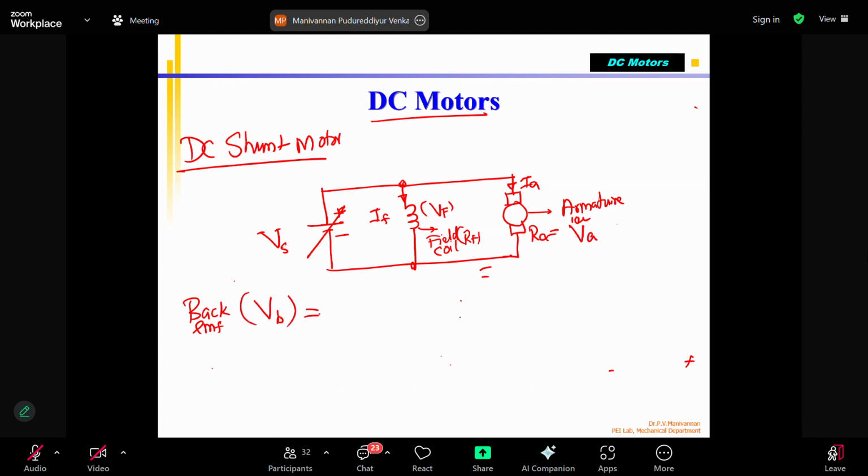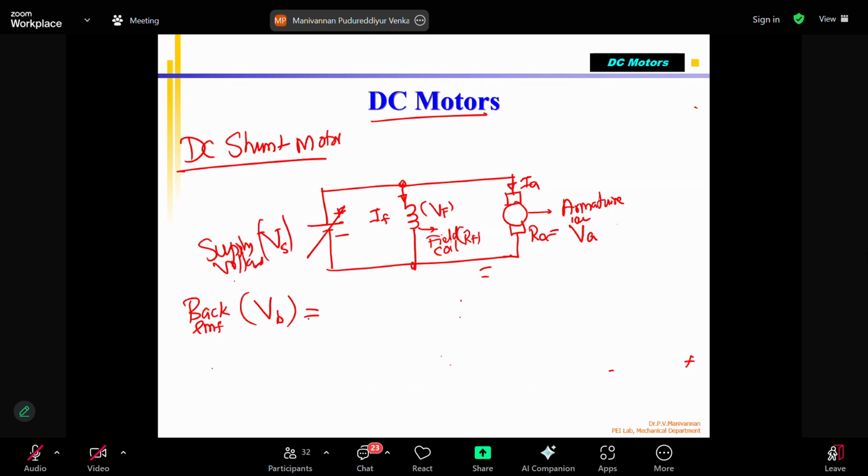Please note that in some books they refer to supply voltage as ES, or just E, and back EMF as EB. Different books use different conventions. I am using my convention: general voltage is V, subscript S means supply voltage, and B means back EMF.